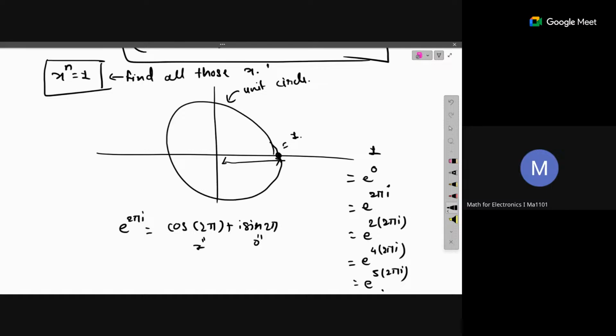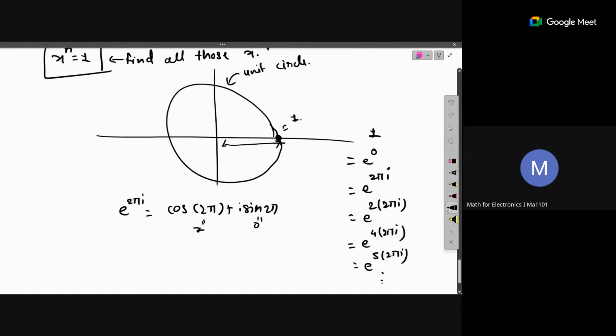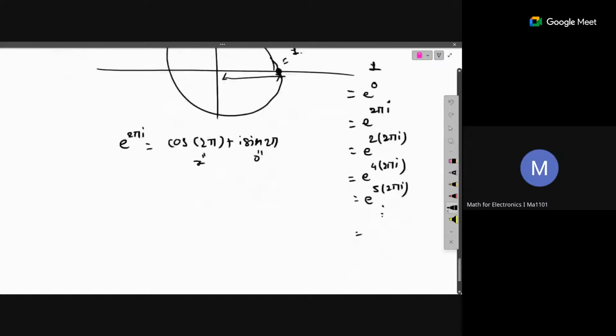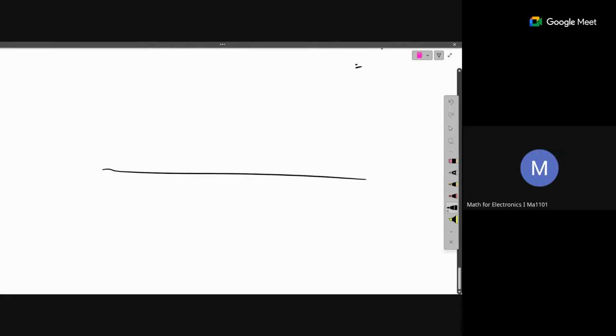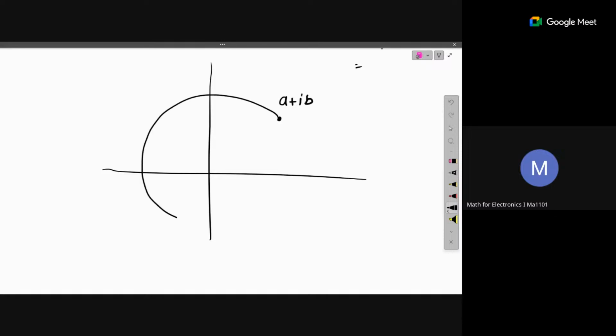First we are observing how we can write 1 in terms of e to the power i theta. If we have the unit circle, then over the unit circle we can write points using e to the power i theta too. In a complex plane, any point can be written as a plus iota b.